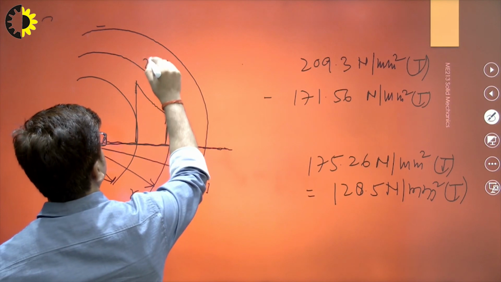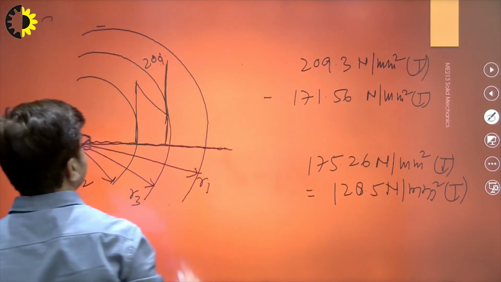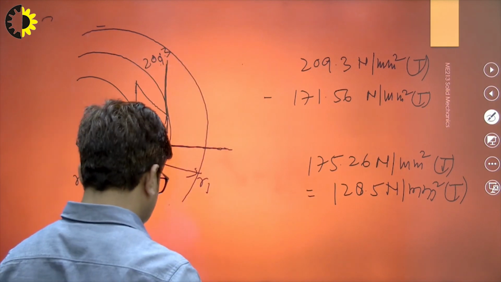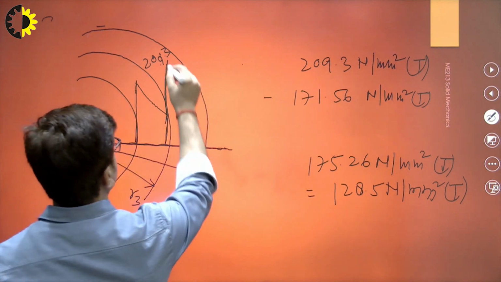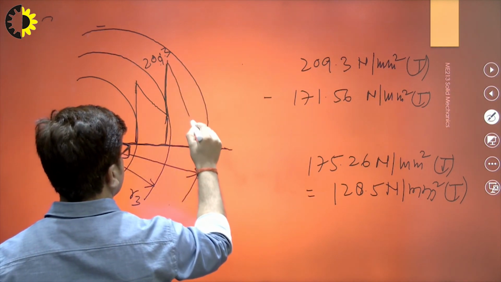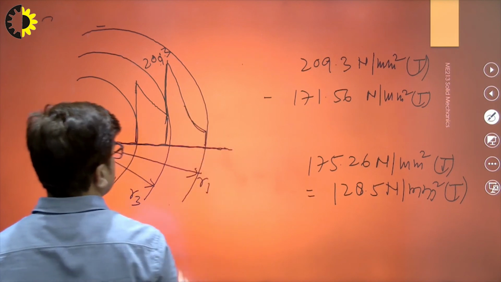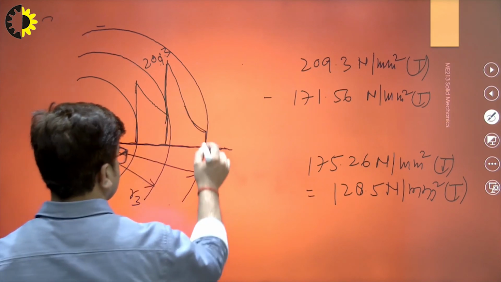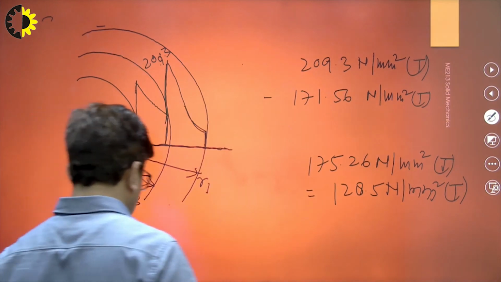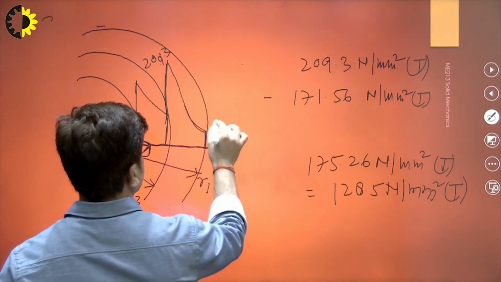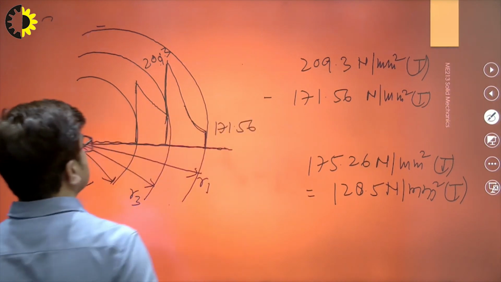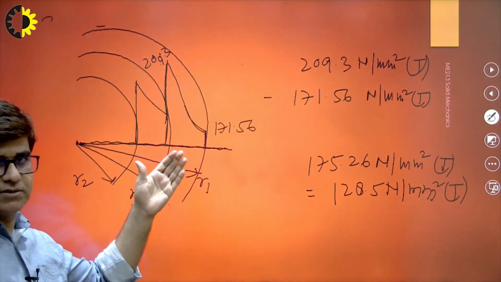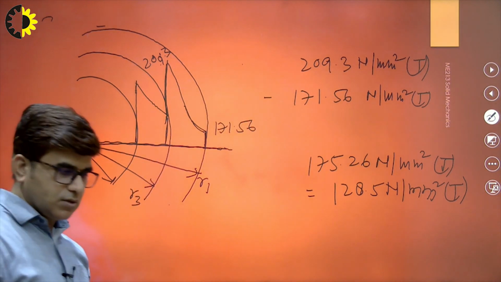So this is 209.3, and as we move it is decreasing. At the outer radius the value is less than this value, and it is 171.56. So this is how the resulting hoop stress varies. So this is all about the numerical problem.